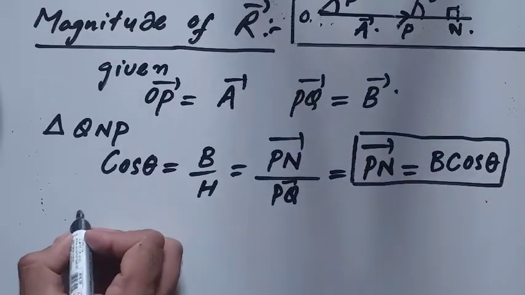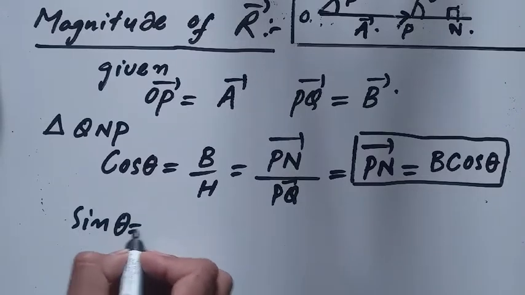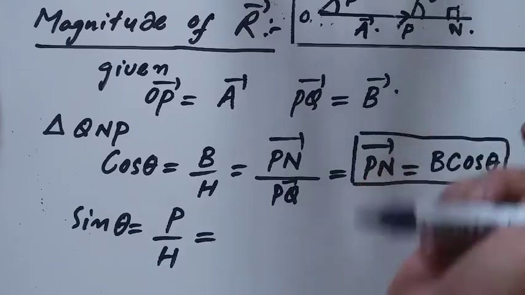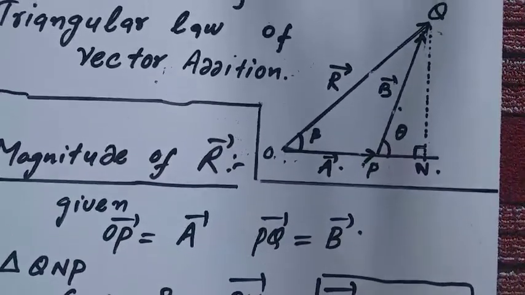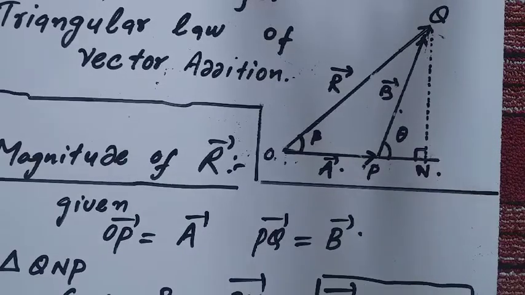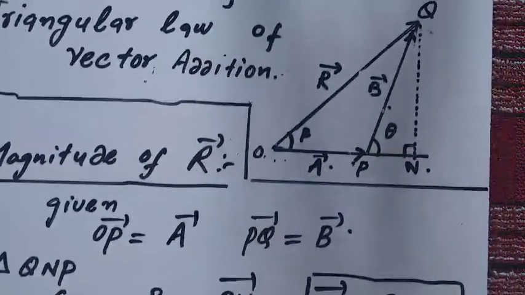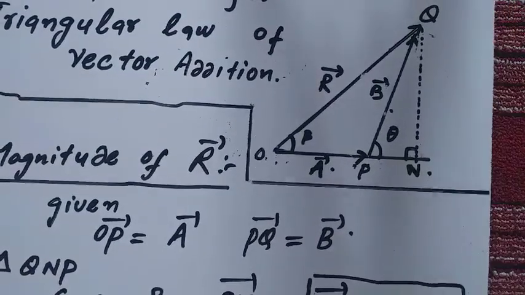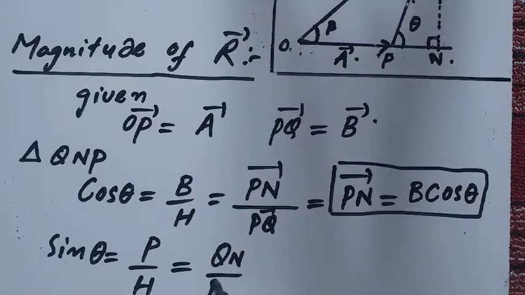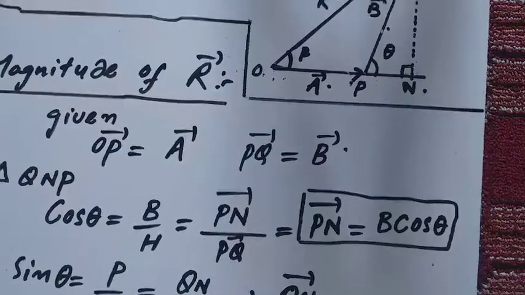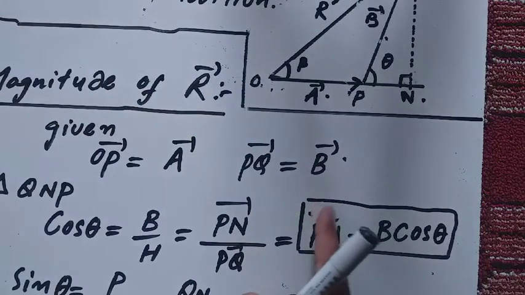Also sin theta is equal to perpendicular divided by hypotenuse. Here in this triangle, the perpendicular is QN. So QN divided by hypotenuse, which is again PQ, that is B. So QN is equal to B sin theta.